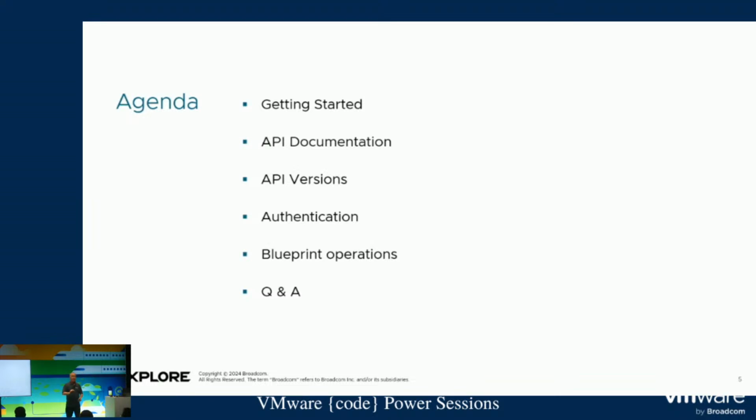Then we're going to talk about how that REST API supports different versions and why that matters to you, followed by a discussion about how to authenticate to it. And then, as an example, I'm going to show you how you can use that REST API. Once you've gotten authenticated, you can use it to perform all sorts of automated operations. The example we're going to be looking at is how to do things related to blueprints.